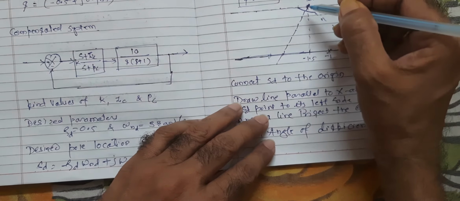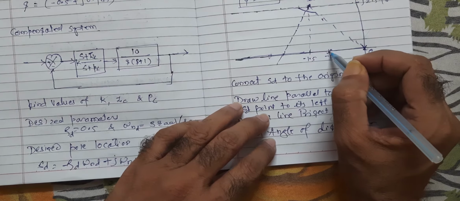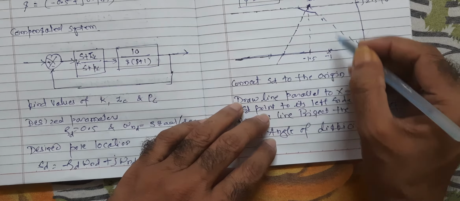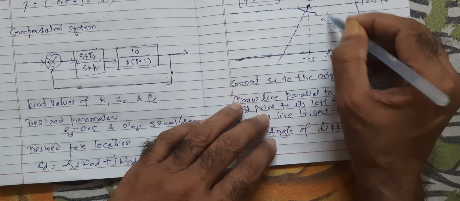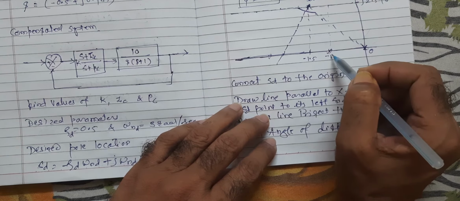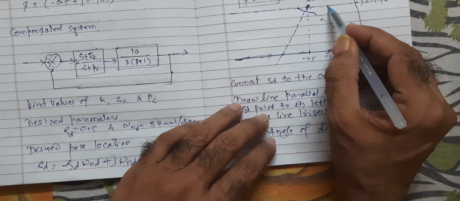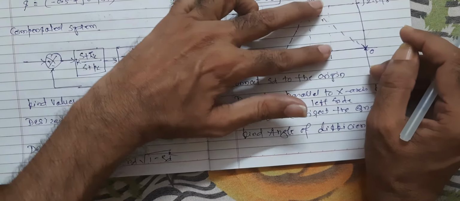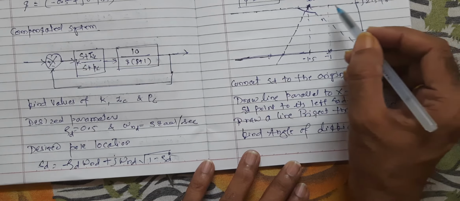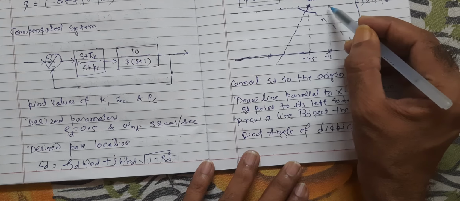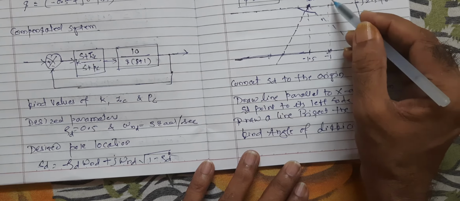See here, suppose from this point we draw a vertical line. This meets here. What is this y distance? That equals 2.598.